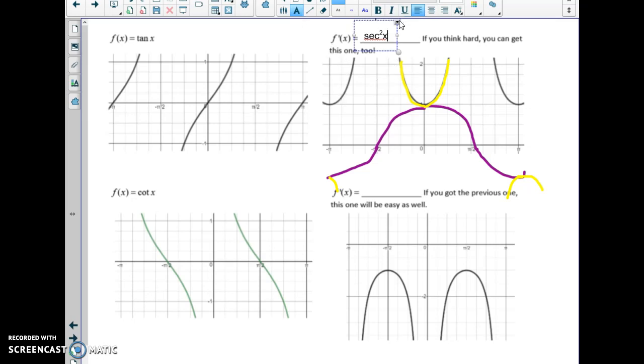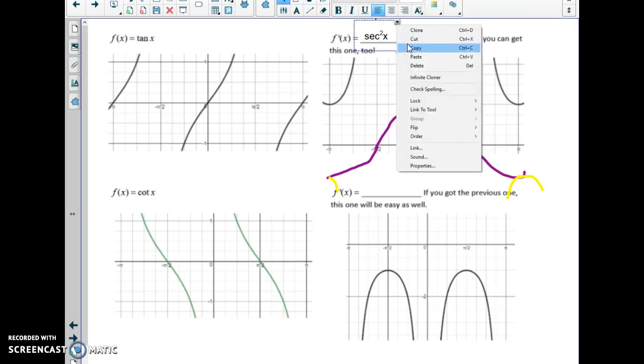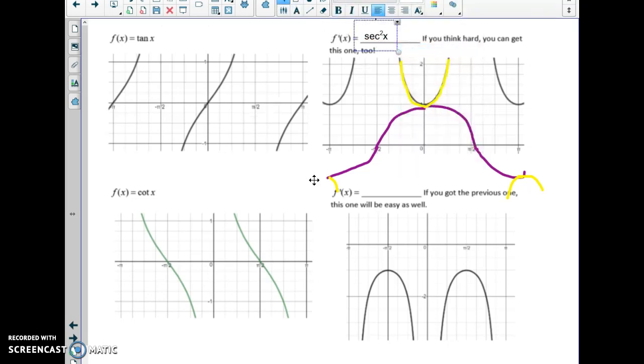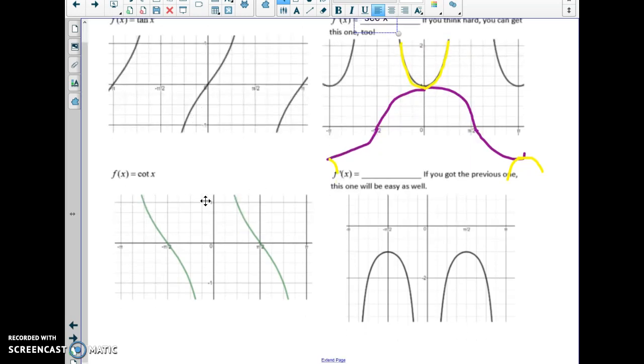Now I'm going to guess that hopefully you can guess what the derivative of cotangent is, because kind of the same thing happened. So cotangent's graph looks like this. Notice that cotangent's little tangent lines are all negative. Everything is negative slopes. So this answer should be negative. And instead of it being related to secant, it's related to cosecant.